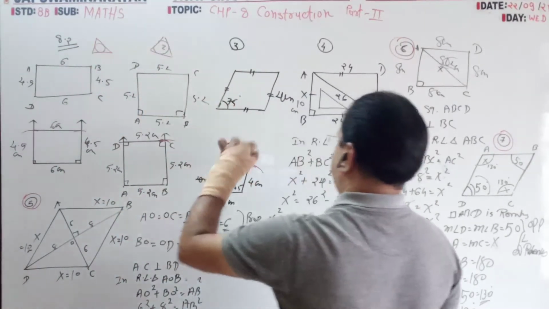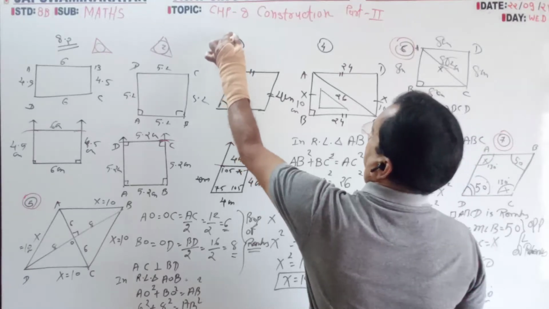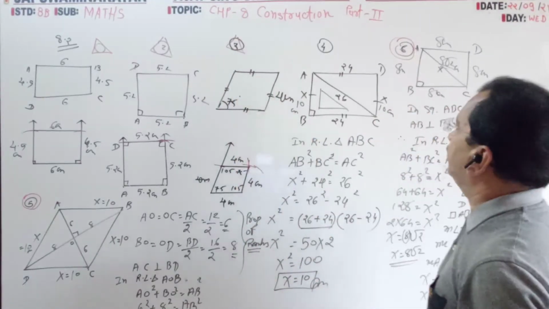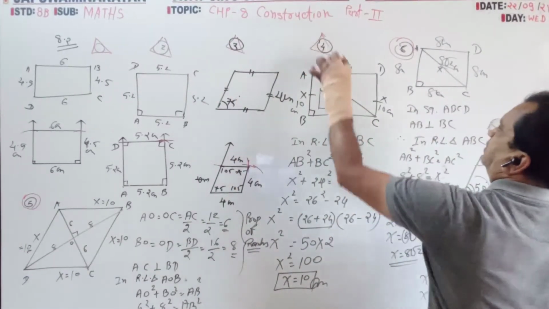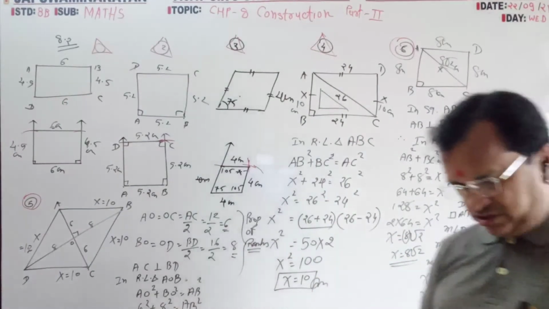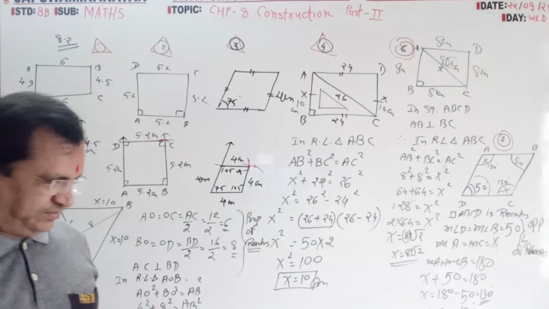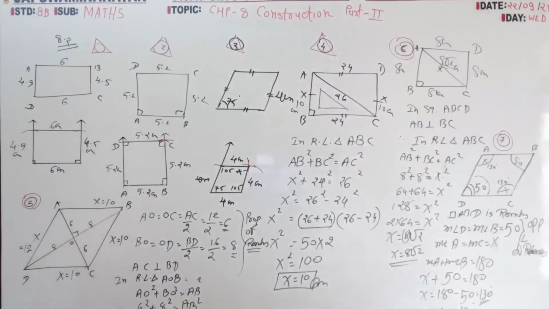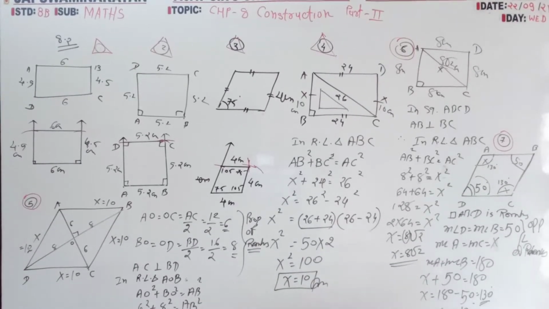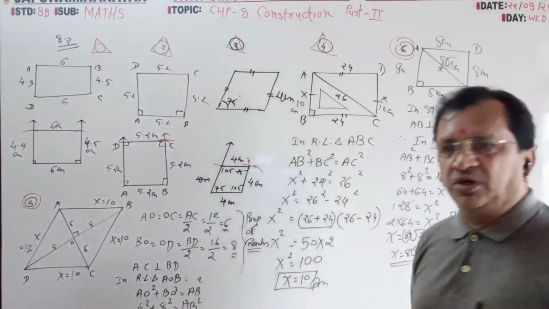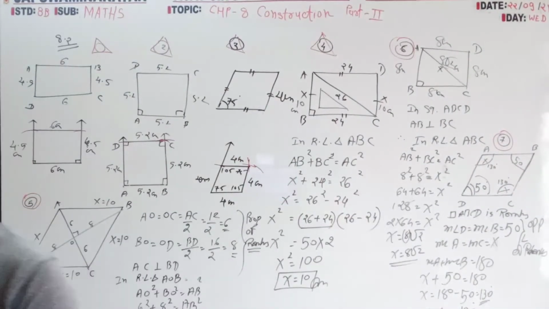Question number 3 they have given a rhombus. Question number 4 they have given a rectangle. So first I have drawn a rough diagram, then I have drawn a fair diagram. Start. Take screenshot. Because in the next exercise there is only question and answer.